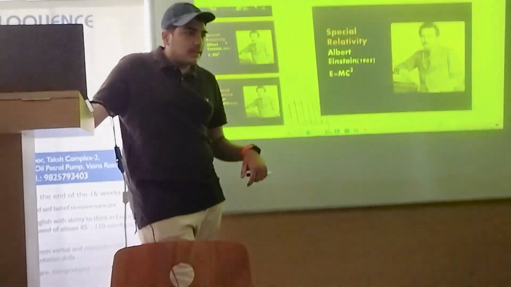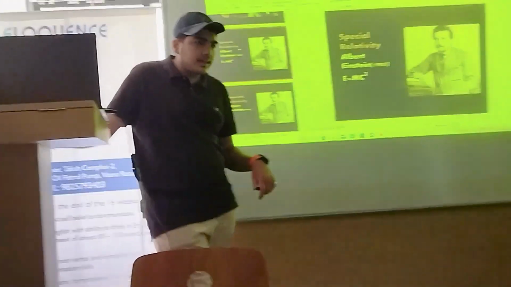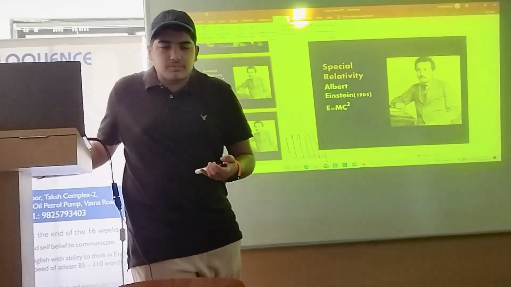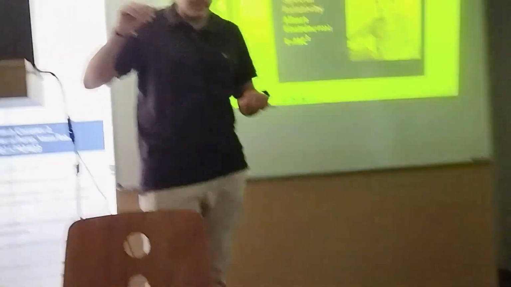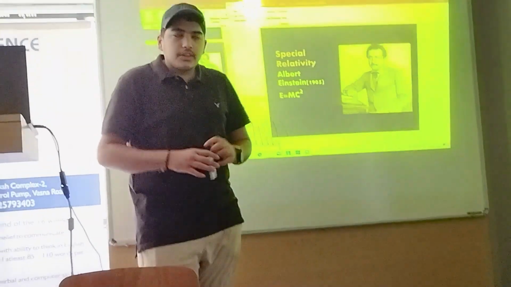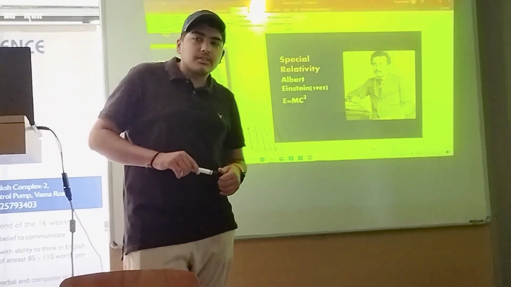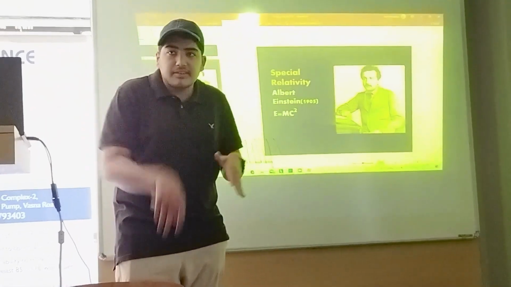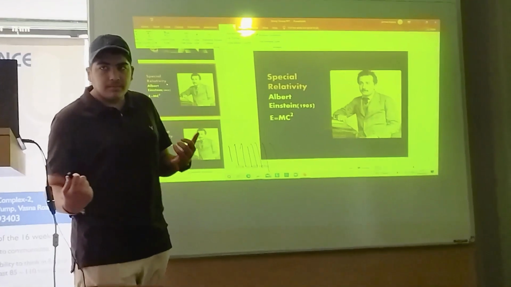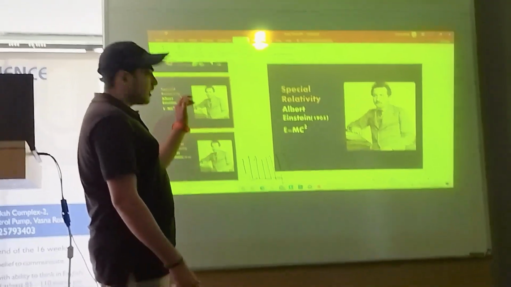In general relativity, Albert Einstein had a thought experiment. He thought of a person in a falling lift. You know what a falling lift is. He thought about the person's weightlessness when the elevator is falling. By that thought experiment, he included gravity in special relativity.